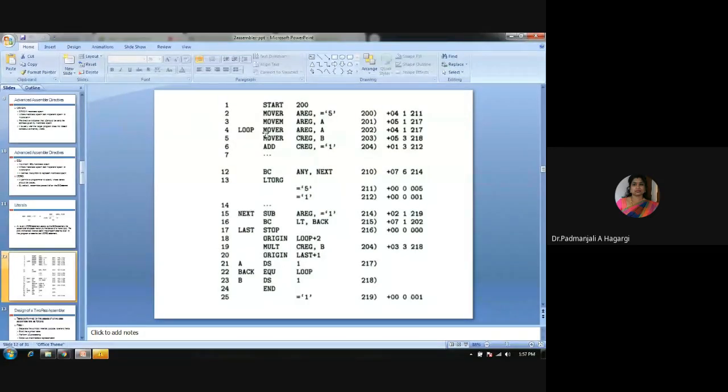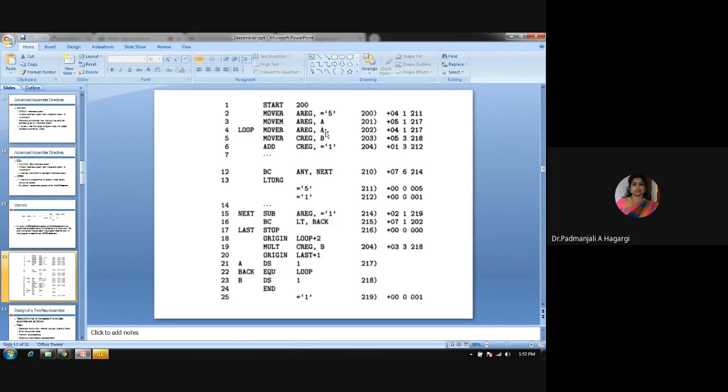Now the next instruction is the loop instruction, and the location counter is incremented here to 202 with this label. For the MOVR instruction, as we know, the MOVR opcode value is 4, and AREG is category 1.